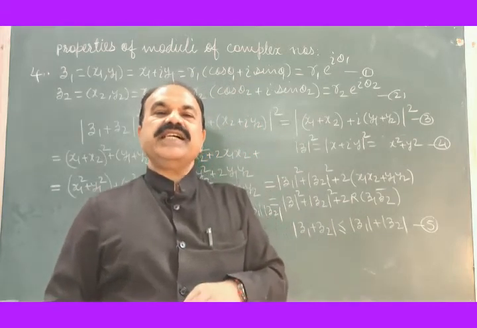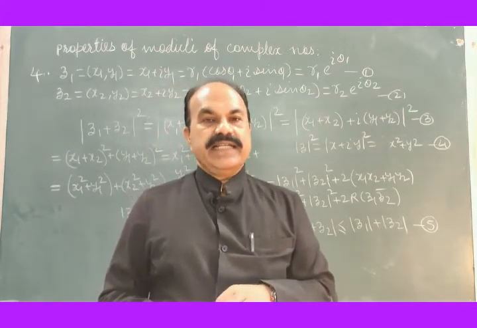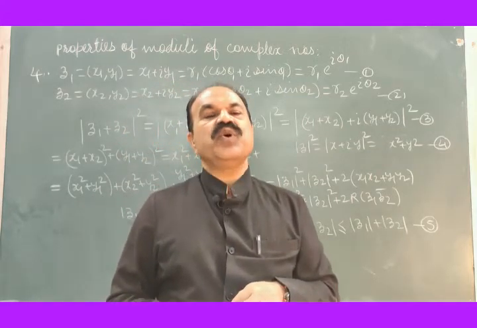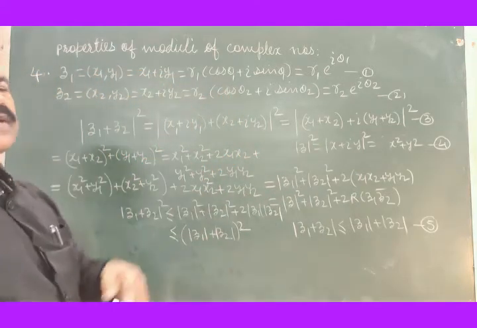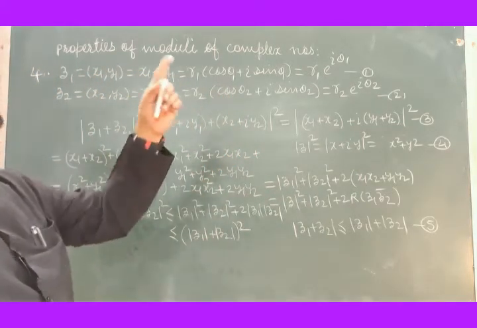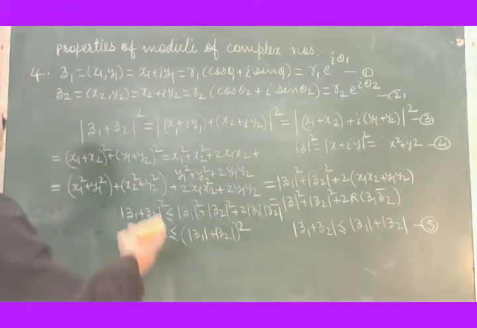To understand and verify this property of moduli when we take subtraction or difference of two complex numbers, let us consider the first complex number Z1 given by equation 1, and the second complex number Z2 given by equation 2.